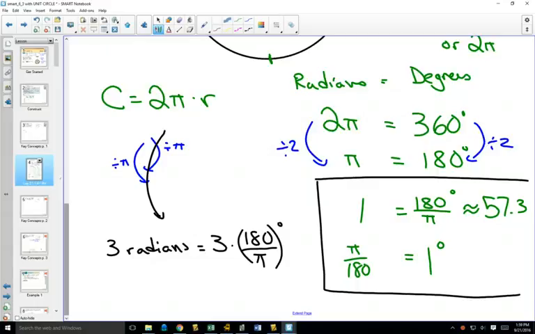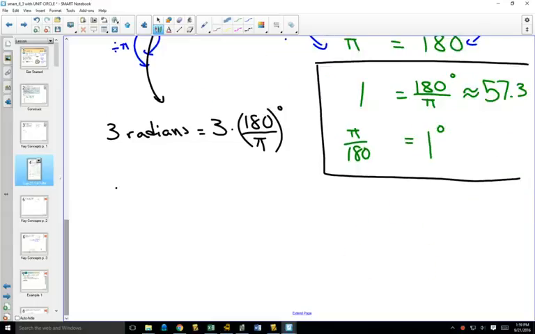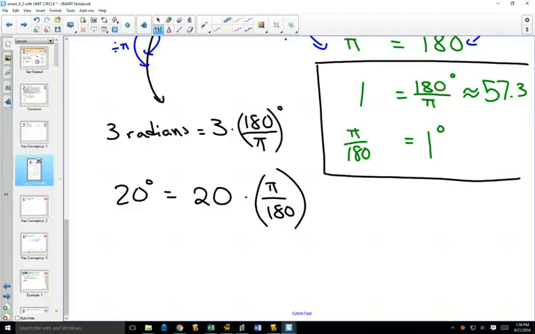If I wanted to change 20 degrees to radians, well, I'd use the second formula here. What would I have to multiply the second formula by? 20. So it'd be 20 times pi over 180. Of course, think of that as 20 over 1 when you're multiplying fractions. And so the answer would be 20 pi over 180.